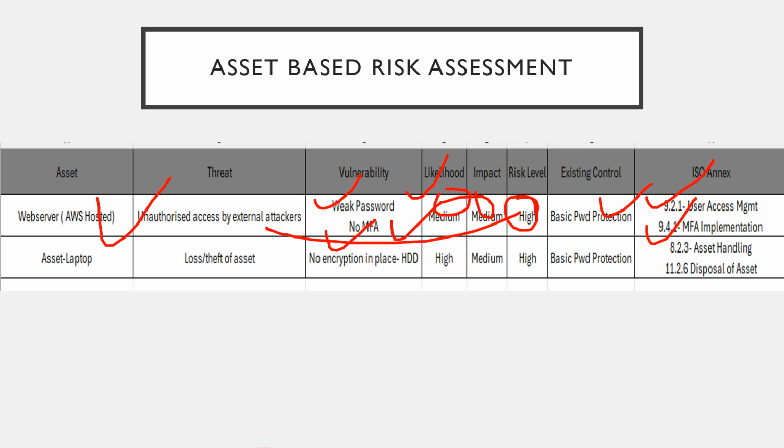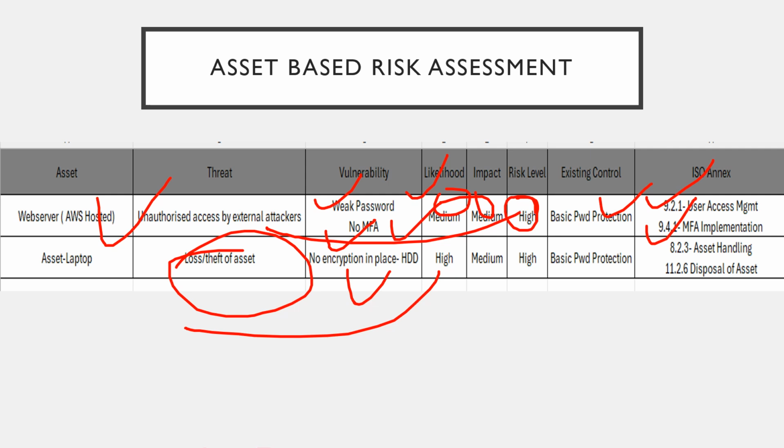Second example, in terms of asset, a laptop. What is the threat? It's loss or theft of assets. What is the vulnerability? No encryption in place for the hard disk drive, HDD. Likelihood is high. Why is this high?